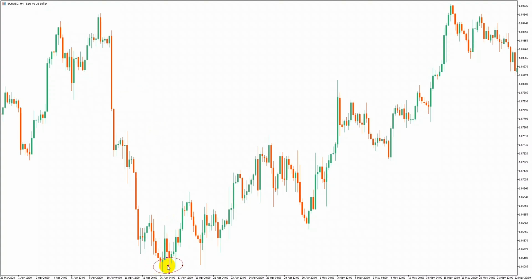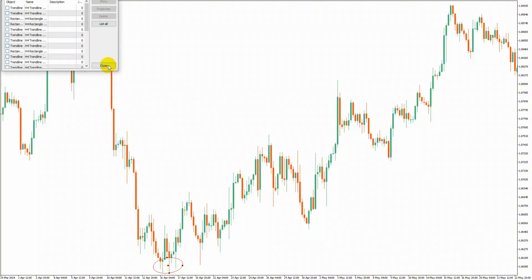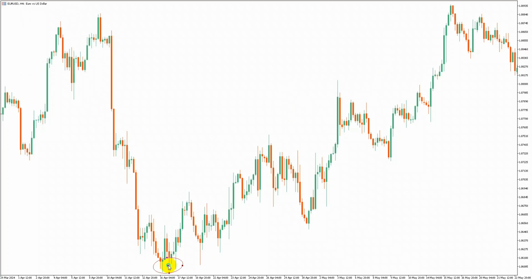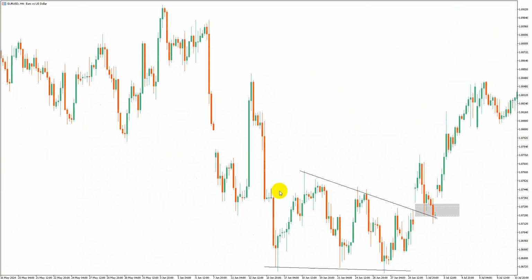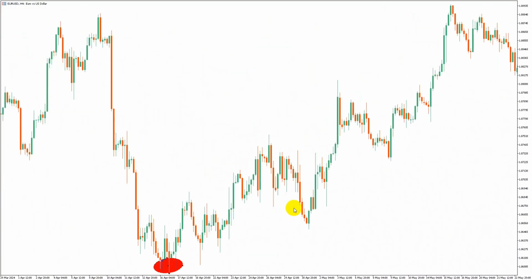I need to identify what I'm drawing there. Sorry guys. Let me get the property, then fill it. So you can see that the change of direction actually begins from this low.